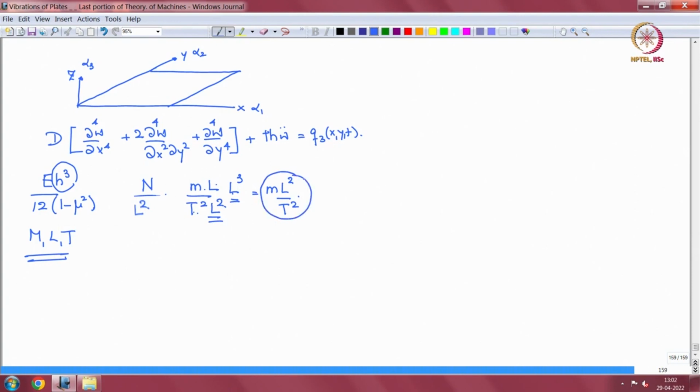Okay, that is my D. Further, this term over here, this is single w length, single length over length 4. So that is equal to m L cube by T square L4. It is m by L T square.